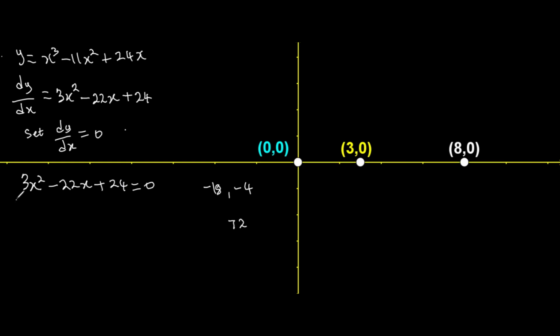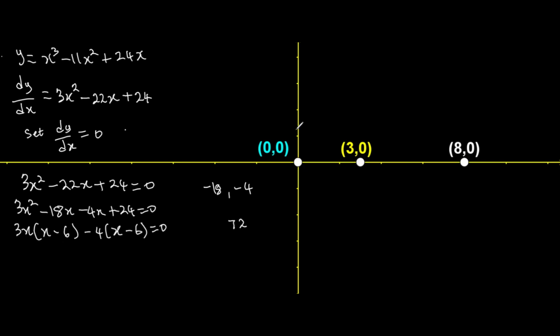So we can rewrite this as 3s squared minus 18s minus 4s plus 24 equals 0. So here we can have 3s into s minus 6. Here we have minus 4 into s minus 6 equals 0.